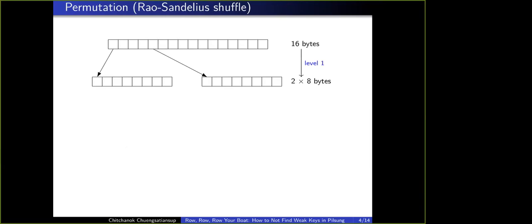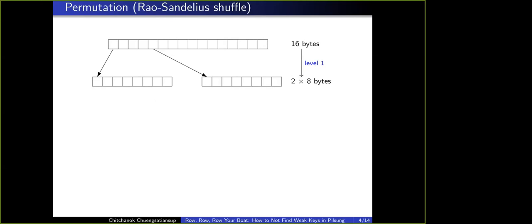So next, let's take a look at how this ShiftRows permutation works in Pilsung. This permutation shuffles a state which has 16 bytes, and it consists of several levels of shuffling. At the first level, it splits the 16 bytes into two groups of 8 bytes. At each level of shuffling, it splits into groups of the same size.